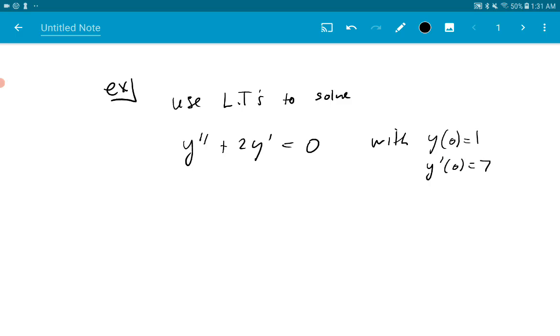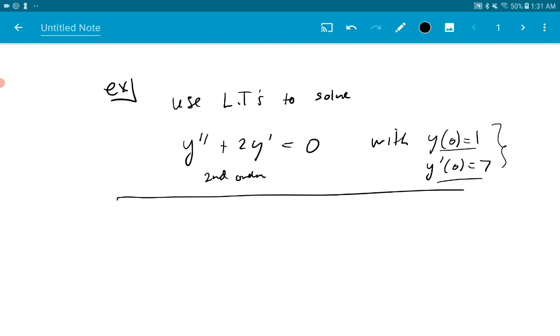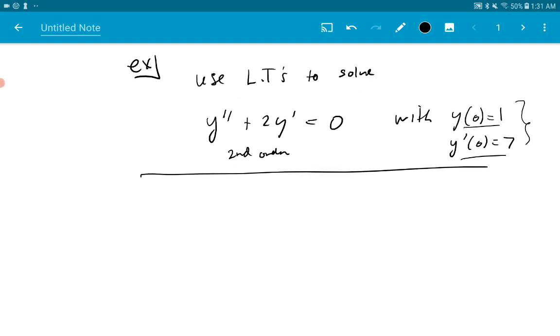Notice we need 2 initial conditions here because this is second order. 2 derivatives, so we need 2 initial conditions, one for y and one for y prime. Of course, we could do this the old way. It's linear, homogeneous, but let's use Laplace transform. It'll be just another example.